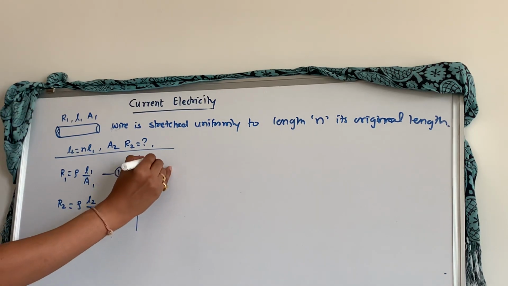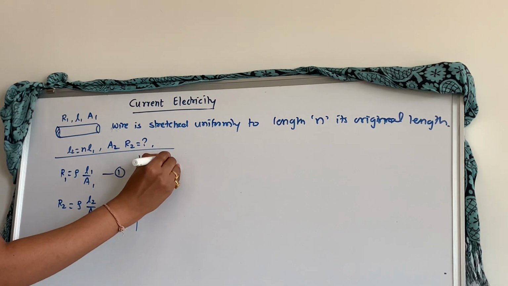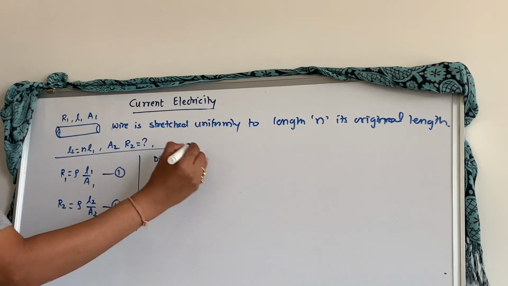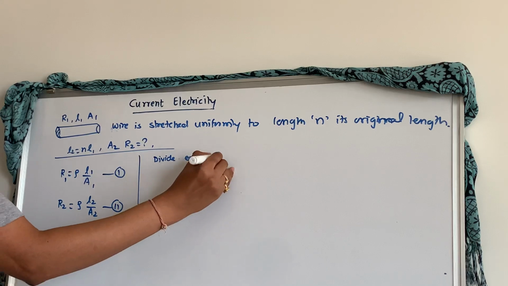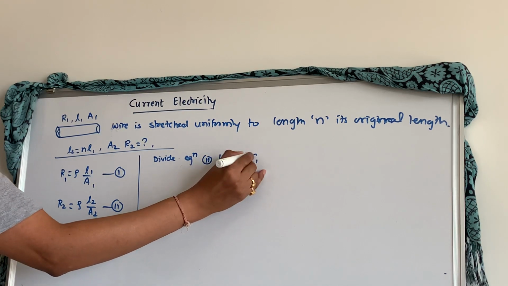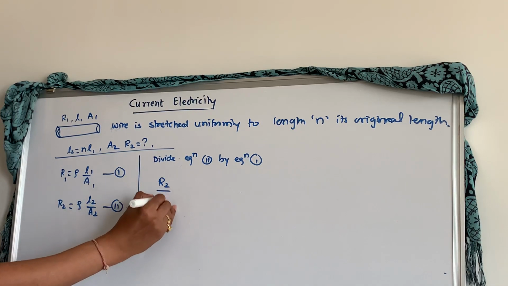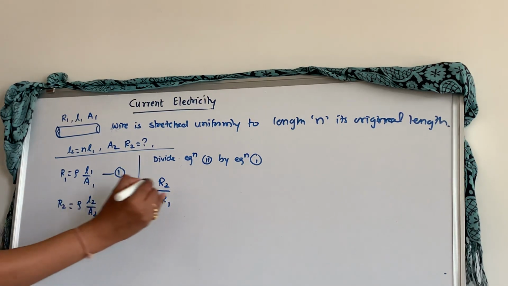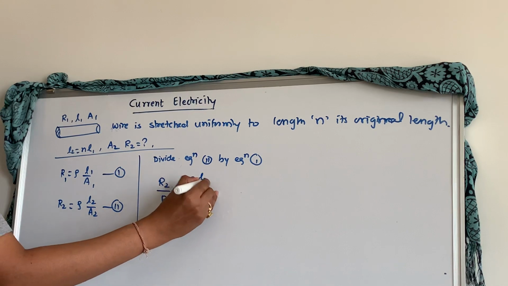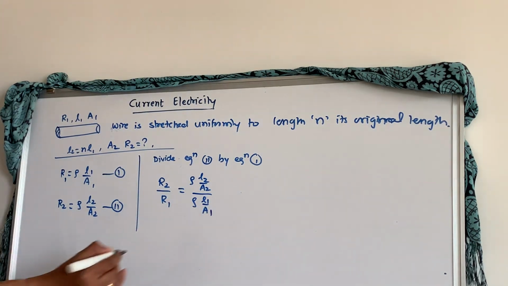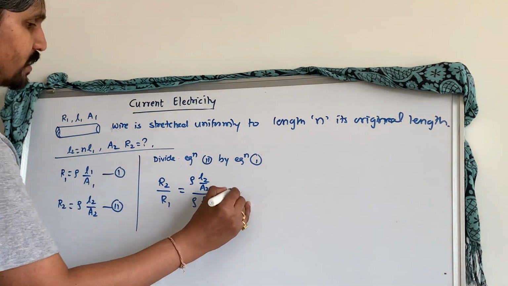So R2 upon R1 is equal to rho L2 upon A2 upon rho L1 upon A1. Rho cancels.